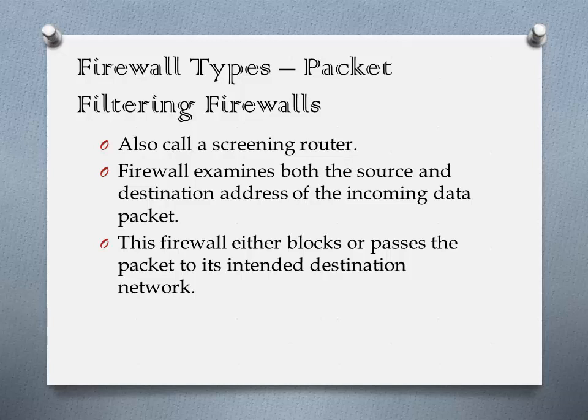The firewall either blocks or passes the packet to its intended destination network, which is usually on the local network. The firewall can then deny access to specific applications or services based on the access control list, which is basically a list of users and their access level.